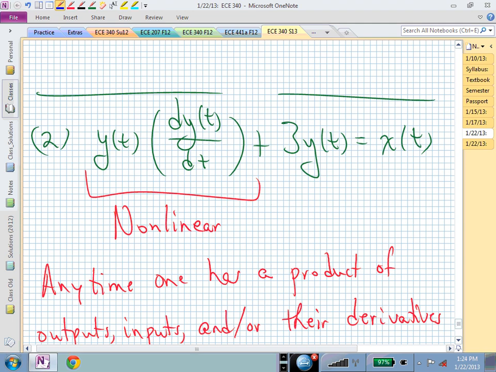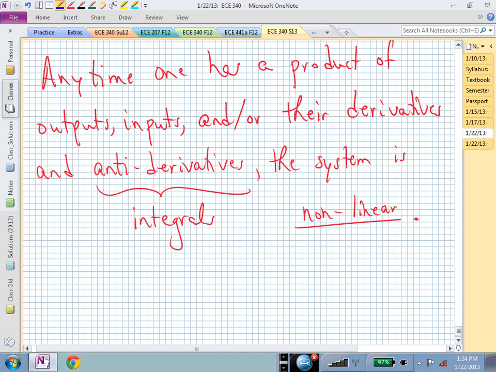Here we have a product of the output and its first derivative. We could have just had y times y, or y squared. That would be a product, and that would be nonlinear. There are other nonlinearities.